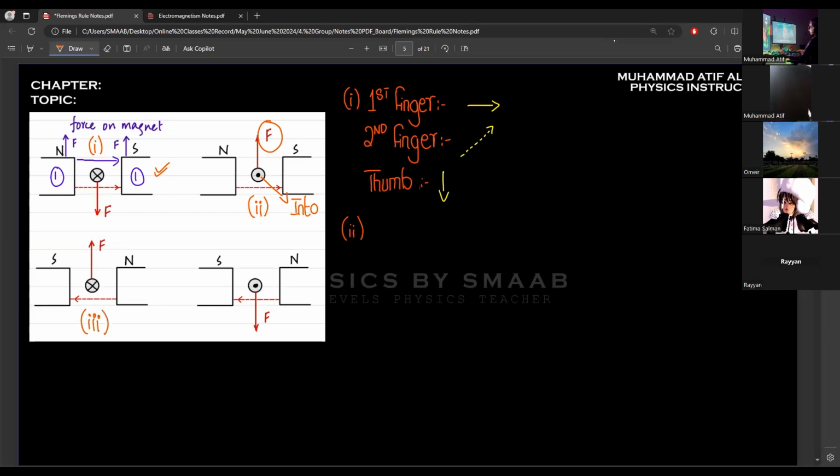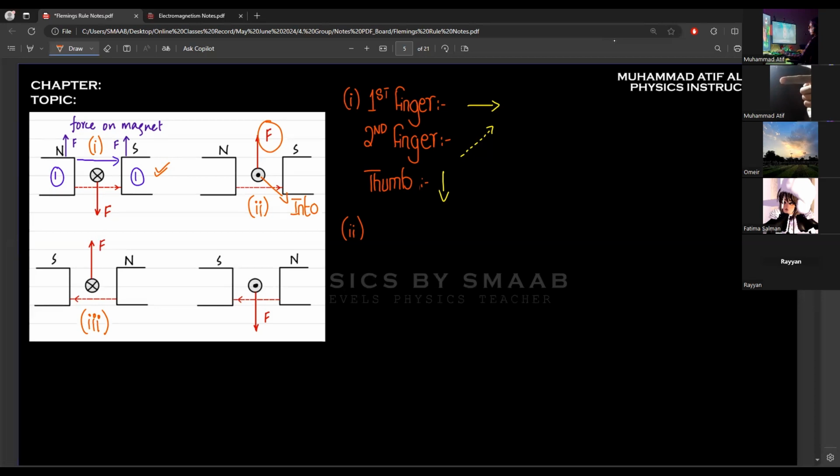So for the third one, we have to set the magnetic field. So now this is the magnetic field, right? This is the first finger, and this first finger is moving from right to left. And what is the direction of electric current? Into the paper or out of the paper?